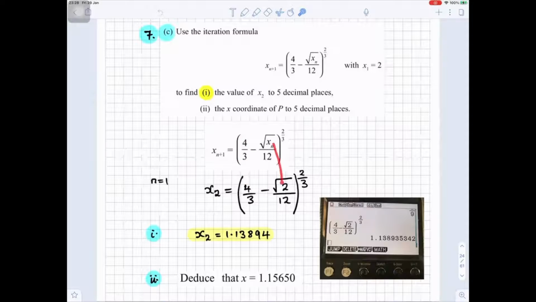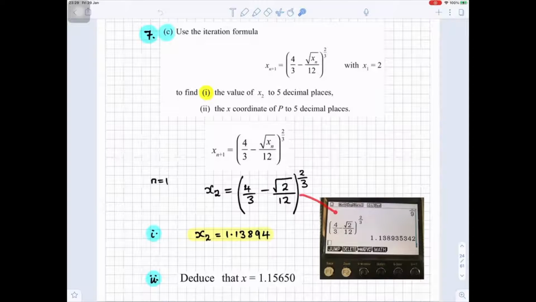Square root of n, since n is 1, we want to put x1 there, and x1 is 2. So we put square root of 2 divided by 12 to the power 2 over 3.